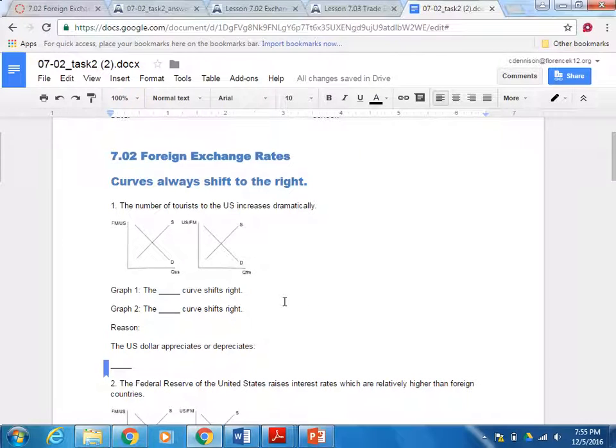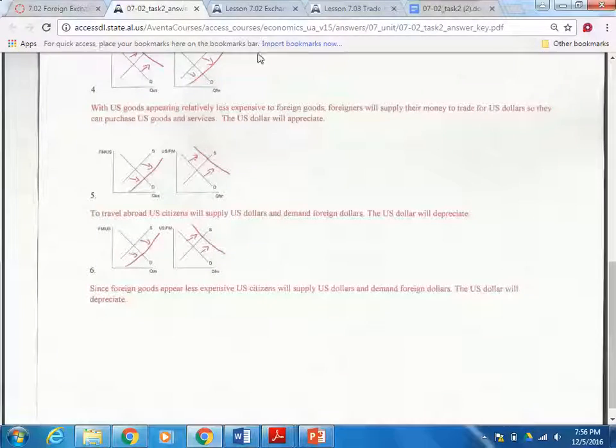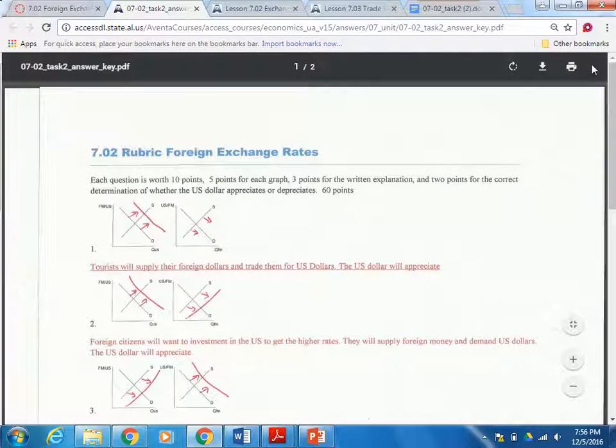We're going to do number 1, then we're going to do number 3. Okay, number 1: the number of tourists to the U.S. increases dramatically.